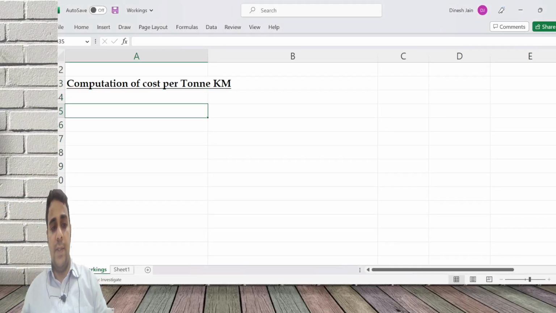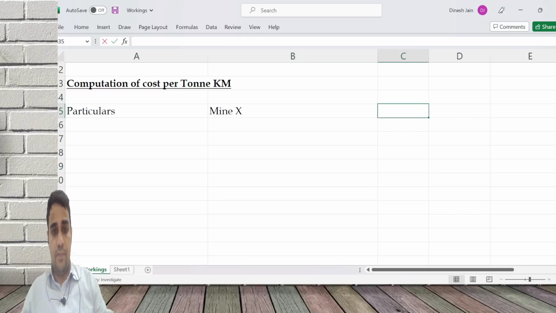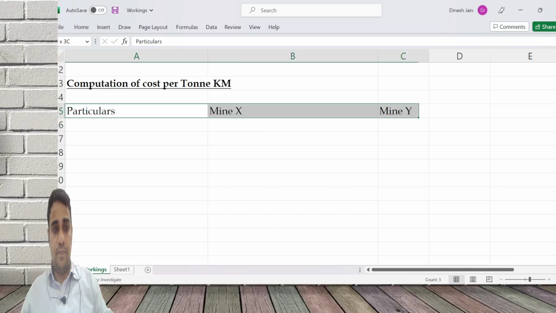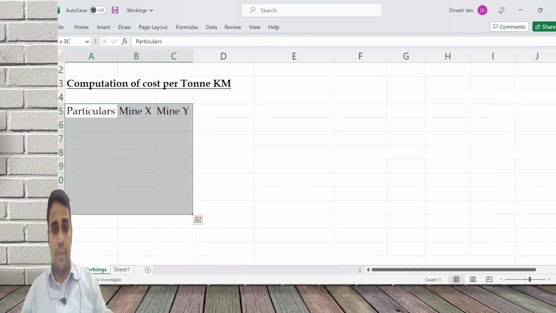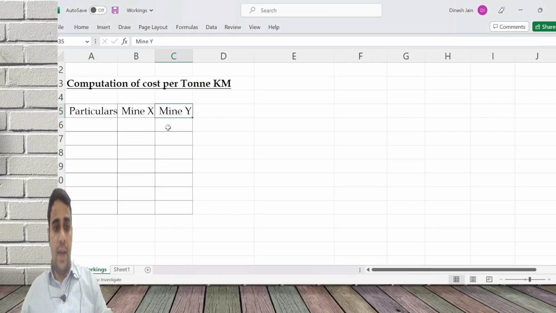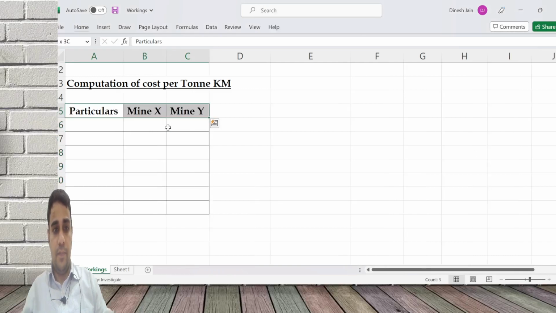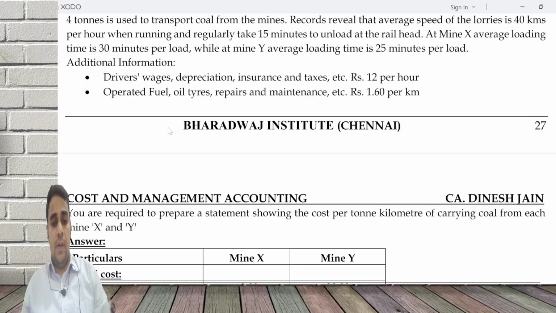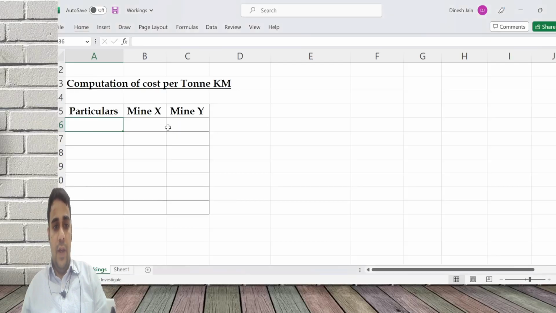Particulars, mine X and mine Y. We have two types of cost.